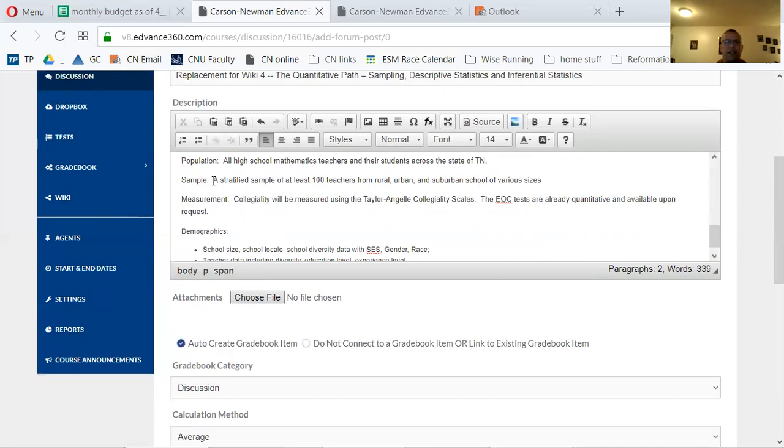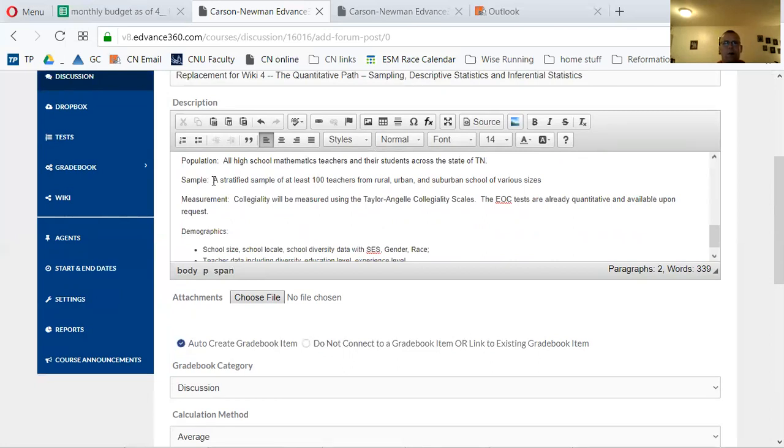I'm going to do a stratified sampling and include at least 100 teachers from rural, urban, and suburban schools of various sizes, so that I can say that my sample reflects the larger population, that it's representative, it's not special, it's not some unique niche within that, that it truly does encompass something that looks a lot like the broad population.